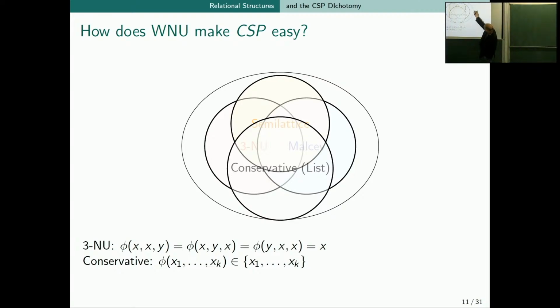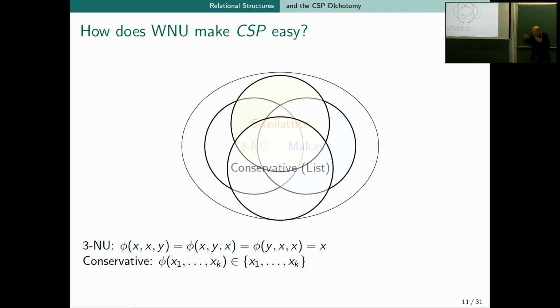So this is the class of graphs that admit weak near unanimity polymorphisms. And there are stronger versions. There's near unanimity polymorphisms. There's maybe semi-lattice polymorphisms.